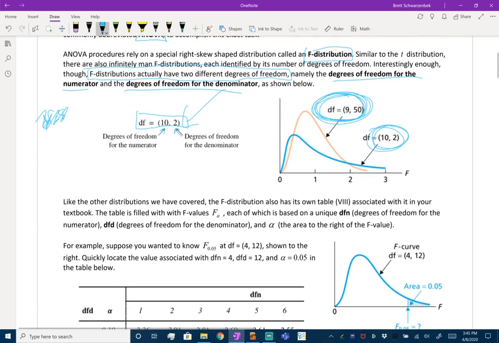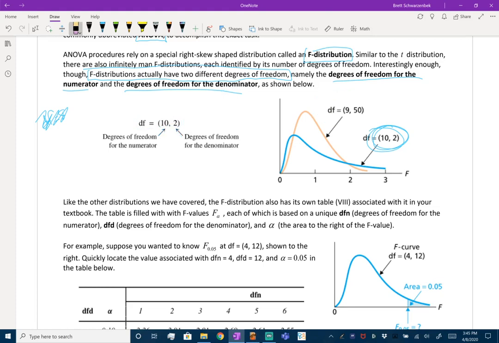So the key is understanding that each one of these curves is going to have a different set of area that revolves for a certain number. I'll just give you an example. If I want to know the area to the right of 1 in the shorter curve, that area, which is this, is going to be different than the area to the right of 1 in the taller curve.